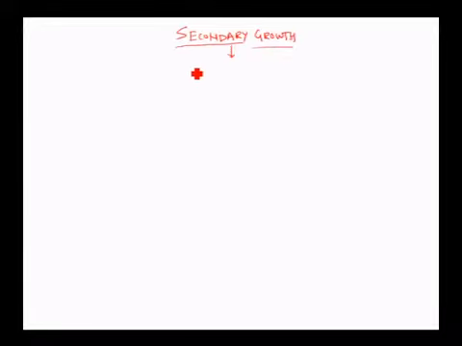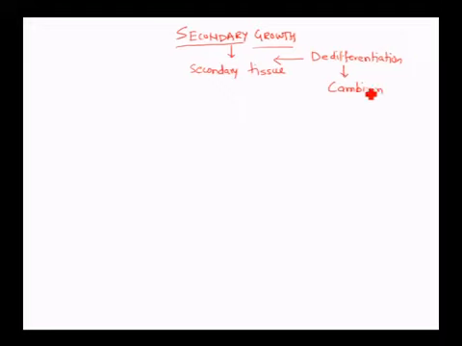In the secondary growth, additional secondary tissues develop and it is by a special process called dedifferentiation. The result of dedifferentiation is development of secondary meristem called cambium. So, dedifferentiation will produce secondary meristem.